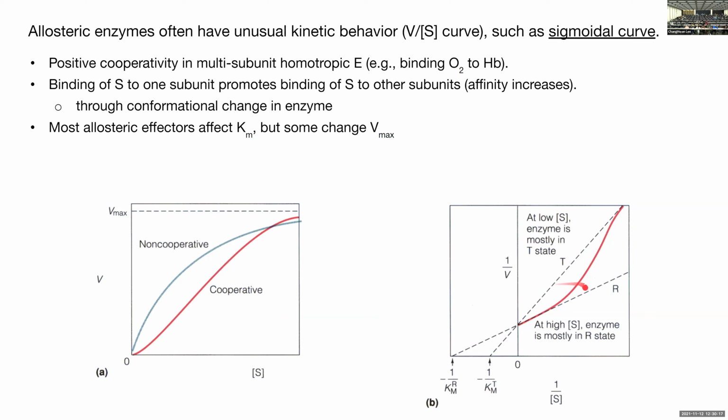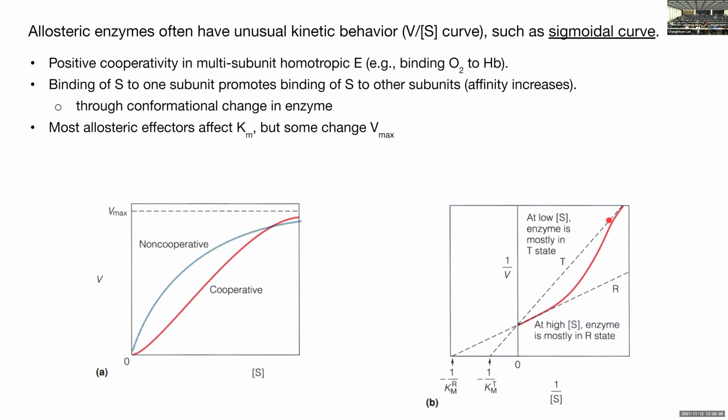So when the substrate is low, especially for hemoglobin, it has a low affinity for oxygen or any other substrate. So it behaves something like a biochemical reaction with an inhibitor, where you have a certain curve here.